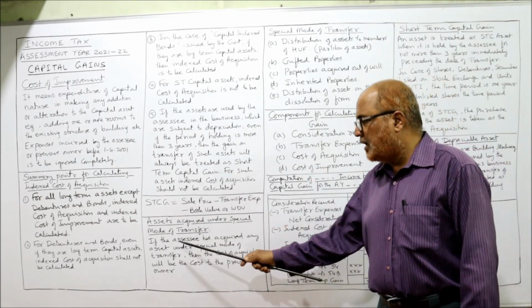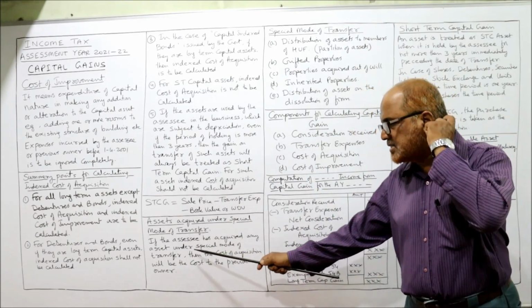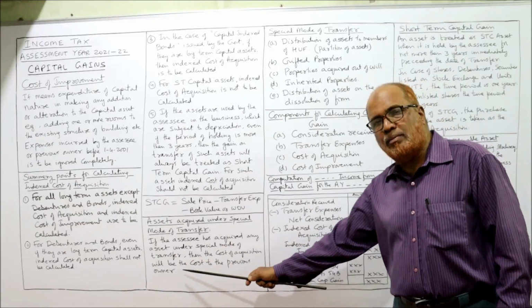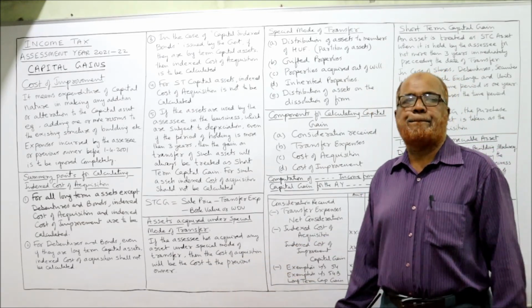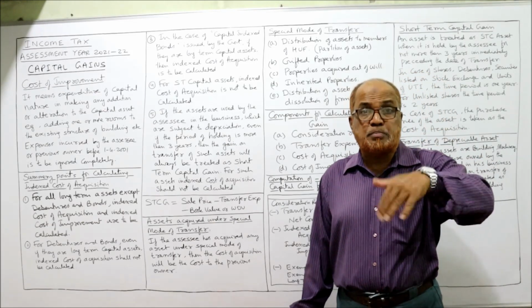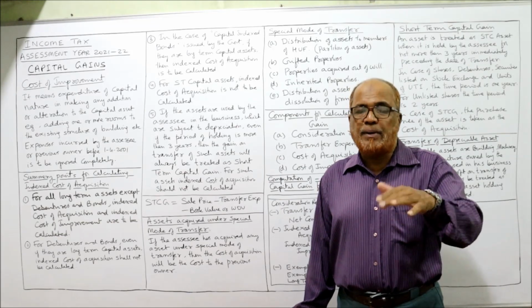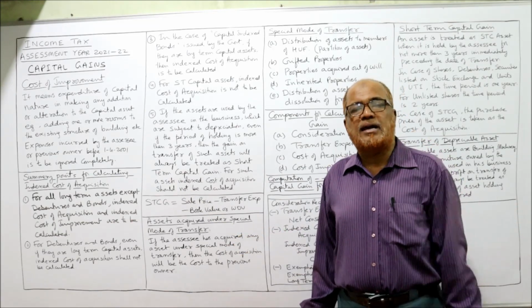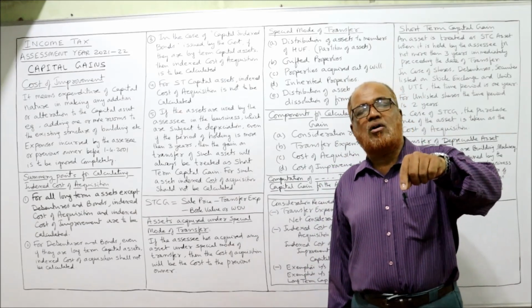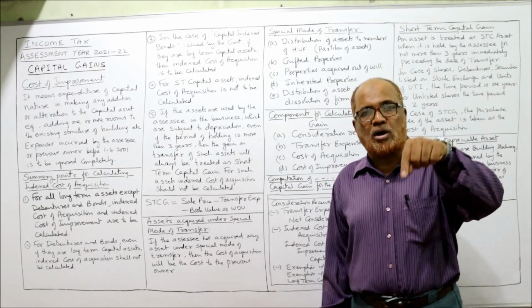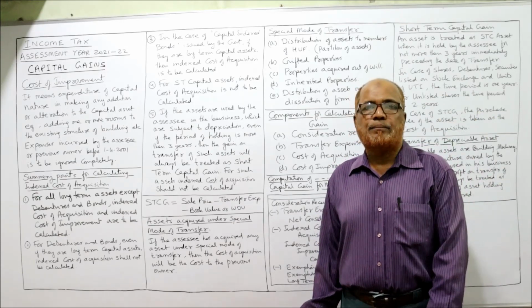So what are the circumstances in which assets will be transferred under special mode? I'll explain. If the assessee has acquired any asset under special mode of transfer, then the cost of acquisition will be the cost to the previous owner. Special mode means without paying anything. In that case, the Income Tax Act says whatever is the cost to the previous owner, the same is the cost to the present owner.